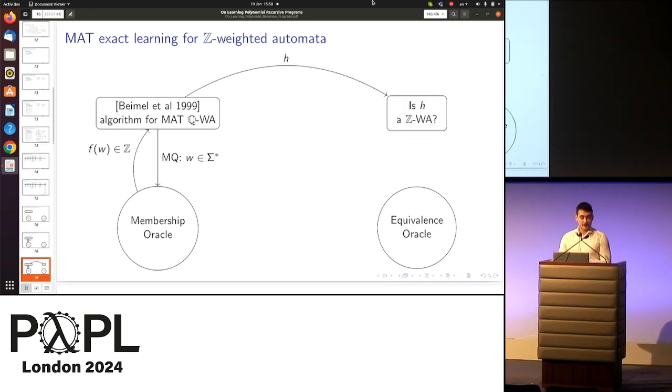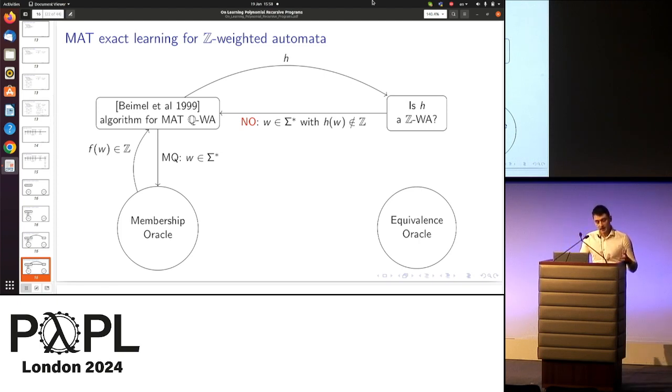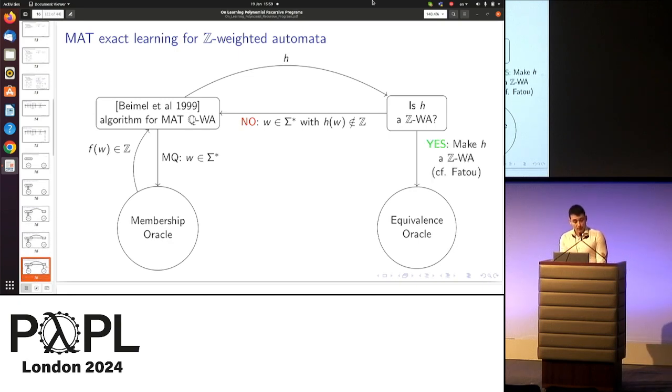We have a separate procedure which takes the hypothesis and decides if it can be represented as a Z-weighted automaton. And in case it cannot, then we have already found a counterexample which we can pass back to the learning algorithm for Q-weighted automata. And if it is, then we pass this to the equivalence oracle. And it also does some sort of transformation. So it takes the hypothesis and makes it into the correct shape.